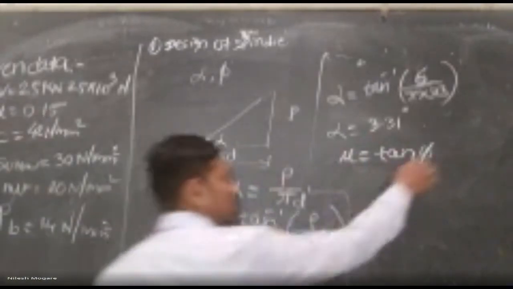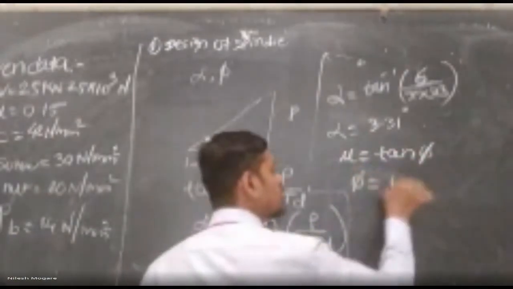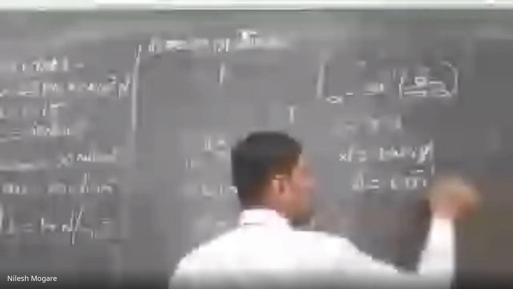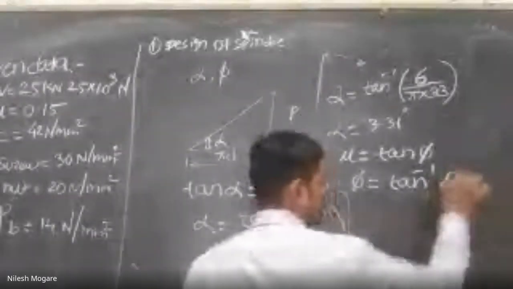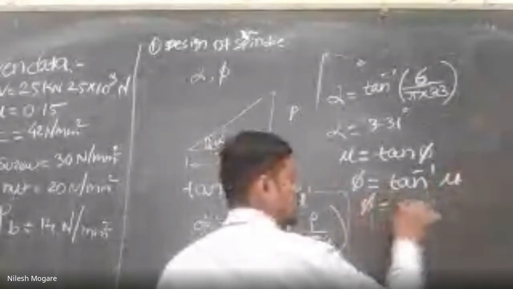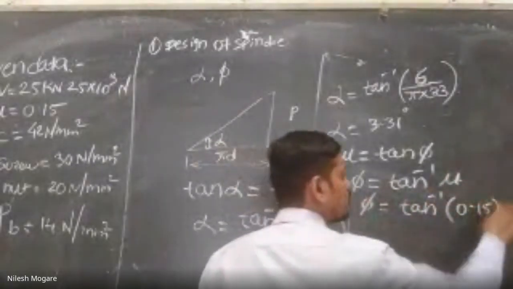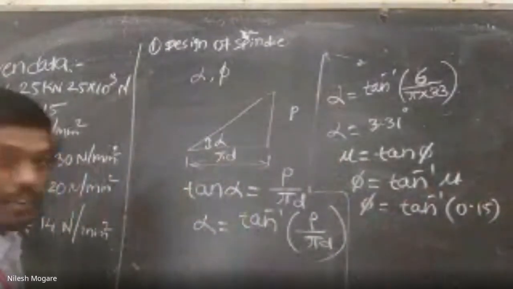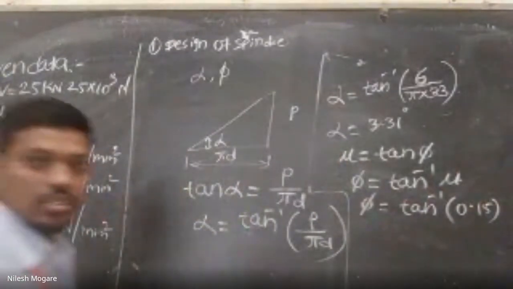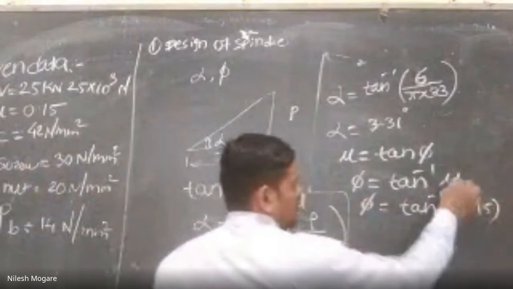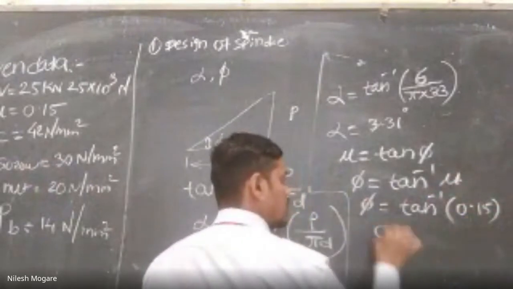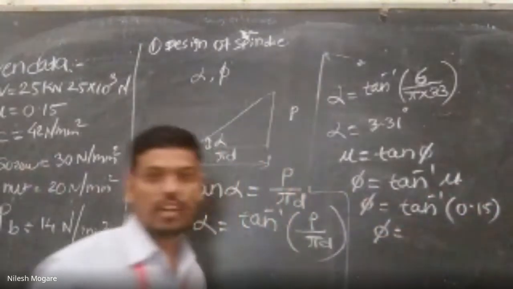So the value of phi will be tan inverse of mu. We have the value of mu, 0.15, from the given data. So put the value of mu as 0.15 and calculate the value of phi.